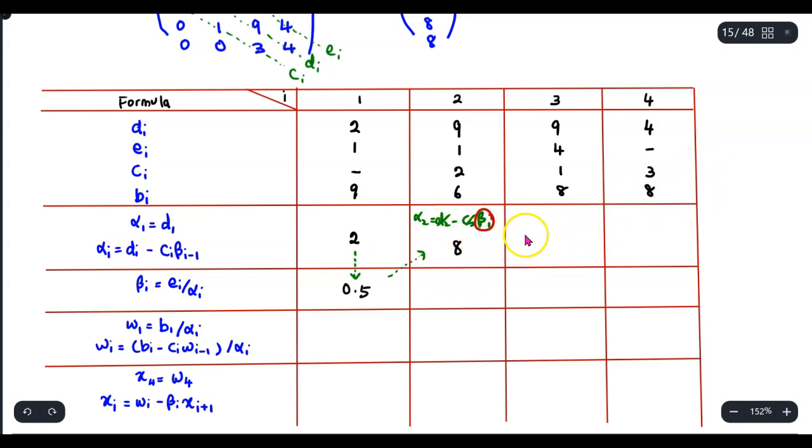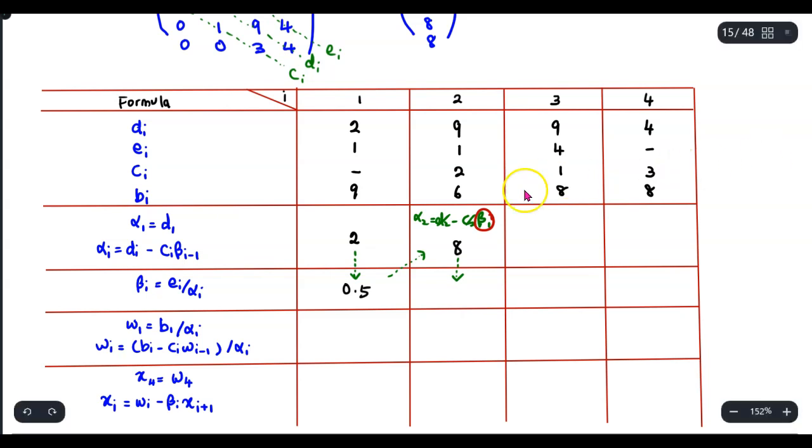Similarly, if you want to find alpha 3 at the third column here, in terms of formula, it is D3 minus C3, but for the beta here, you need beta 2. Beta 2 is somewhere here. So before you can get alpha 3, you need to go down first to get beta 2.